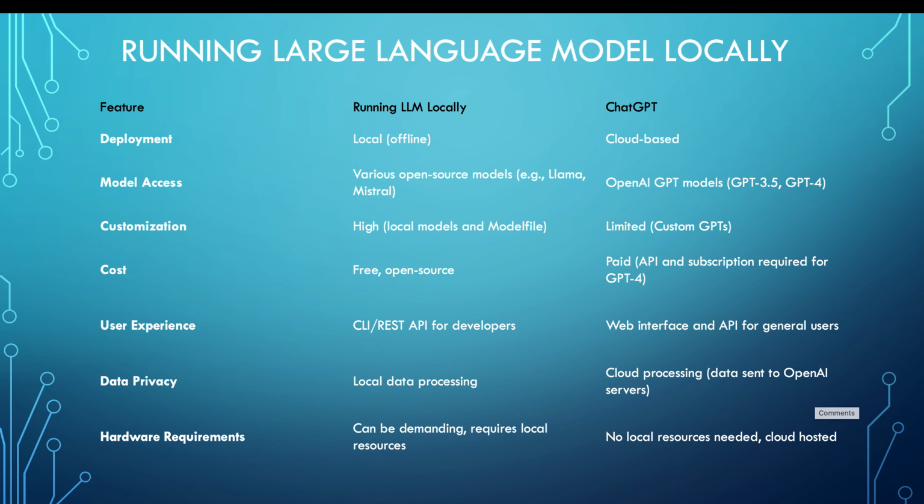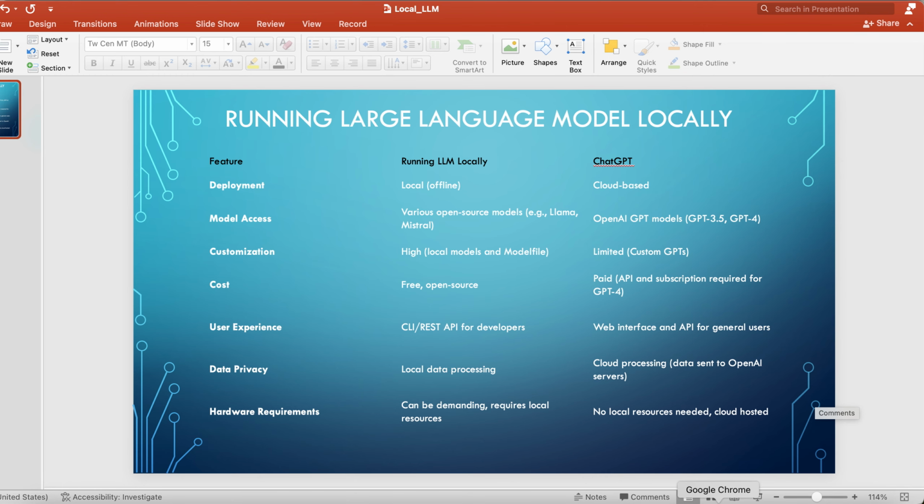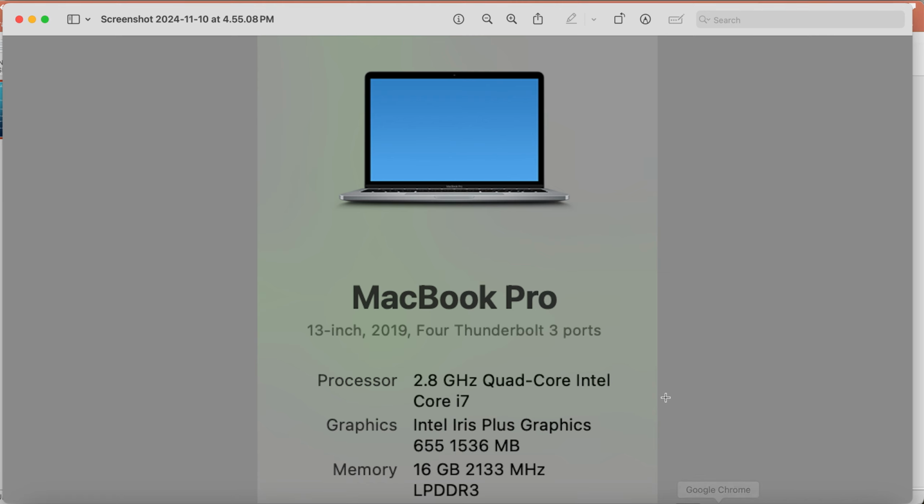Well, it depends on the hardware requirement, which is a little demanding. I am using a very legacy kind of hardware, a MacBook Pro with an Intel Core i7 processor, 7 years old.